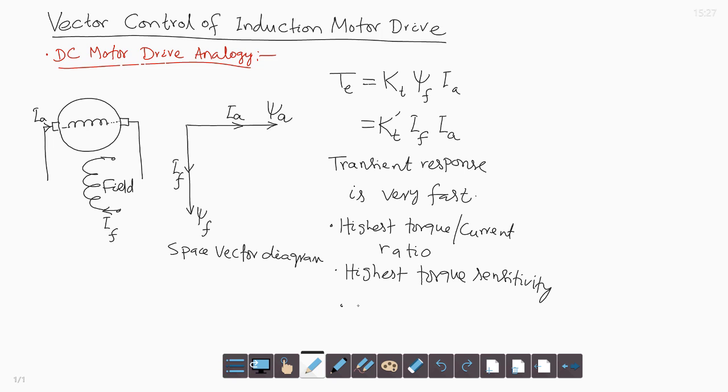The commutator and brushes require frequent maintenance, and this commutation problem is the main one, and good commutation is difficult, it sometimes becomes a problem to achieve. From this point of view, induction motor is better, but induction motor has the problem of coupling, you do not get this type of decoupling in induction motor.